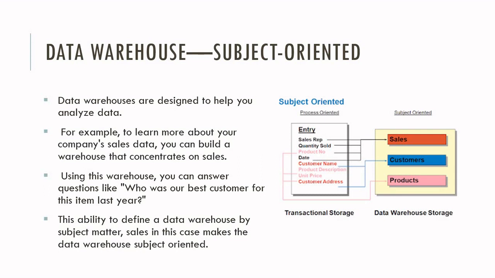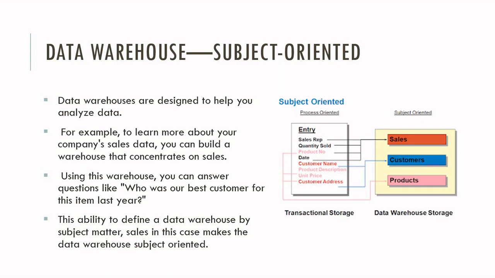Now the product number, product description and unit price are in the category of product. So this data is stored in the product warehouse. And the customer name and customer address are stored in the customer data warehouse. So here we are creating the data warehouse for multiple purposes and storing the data based on that. By doing that we can get answers to multiple questions.